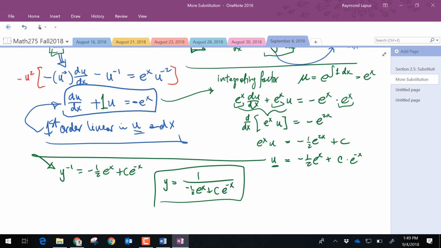We could have skipped all those steps. Okay. All right. I'll try to remember. Yeah.